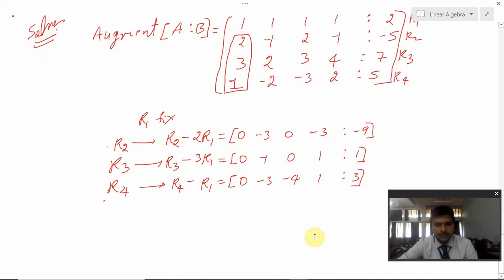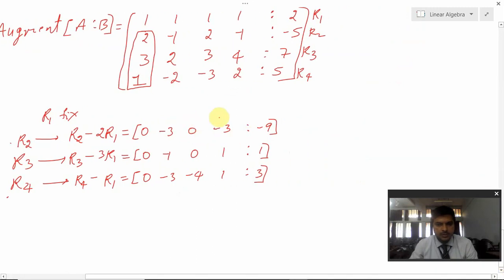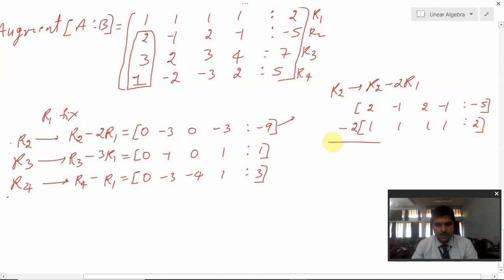So just for your understanding, I will do just one simplification. So I will show you how I have made R2 as R2 minus 2R1. So R2 I will take as 2 minus 1, 2 minus 1 and this is minus 5. So minus 2R1. R1 is 1, 1, 1, 1 and this is 2. I have to subtract this.